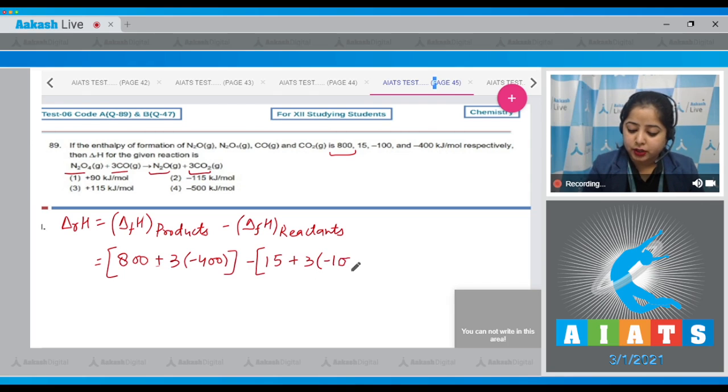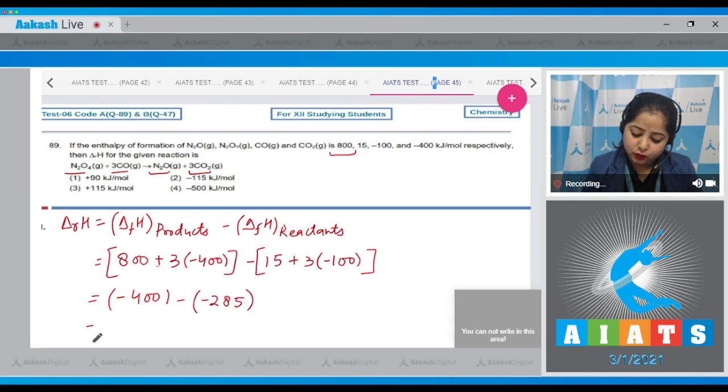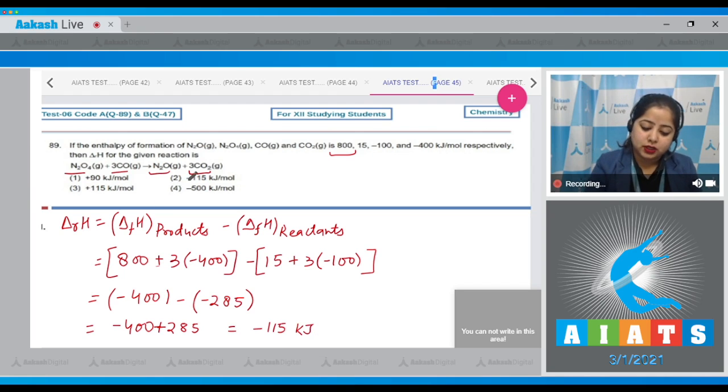So 3 into minus 100. So let's solve this question. Minus 400 minus 285, which is equals to minus 400 plus 285, which is equals to minus 115 kilojoule. That means the correct answer is option number 2. Here I'm writing answer is option number 2.